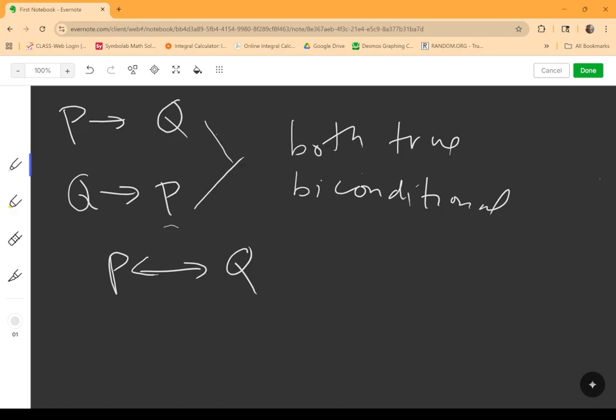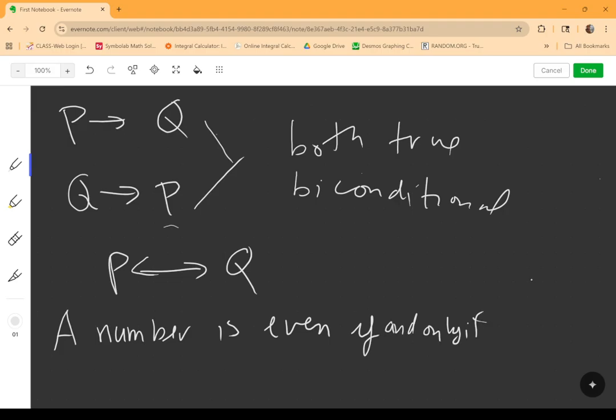So P if and only if Q. For example, think of the statement: a number is even if and only if its last digit is 0, 2, 4, 6, or 8.